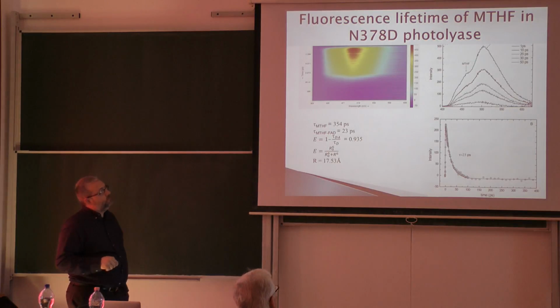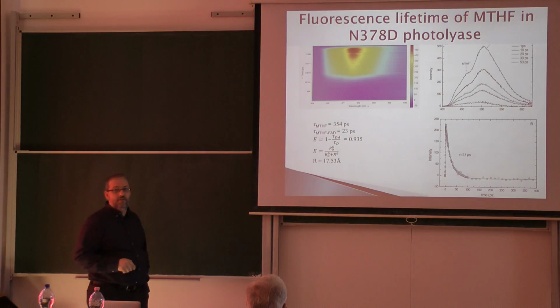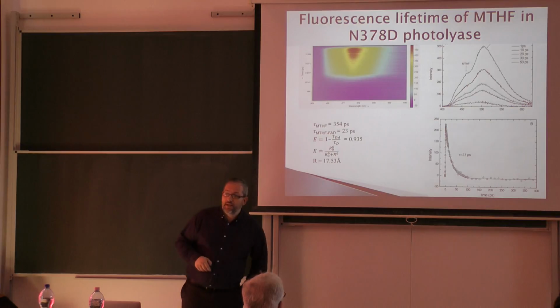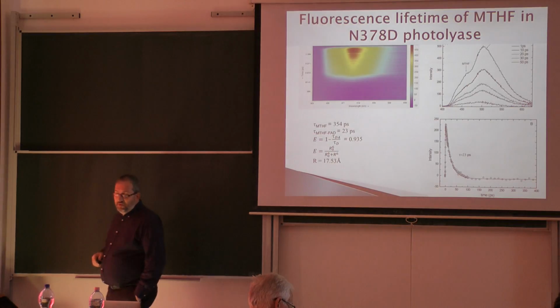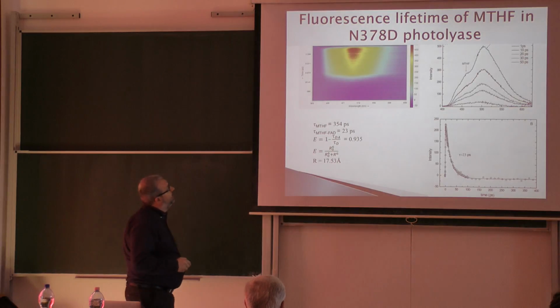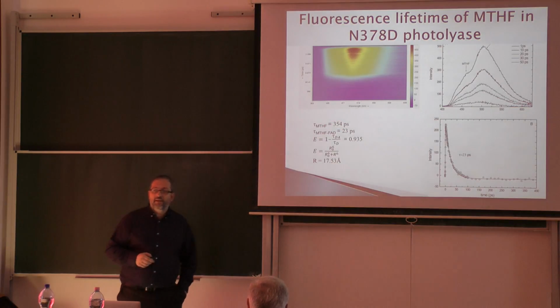And now if you measured basically the lifetime of the antenna, when we have the FAD also in the protein, you can calculate the distance between the antenna and the FAD due to the FRET concept actually. How does it work? Well, in a solution, the fluorescence lifetime of the MTHF is 354 picoseconds.